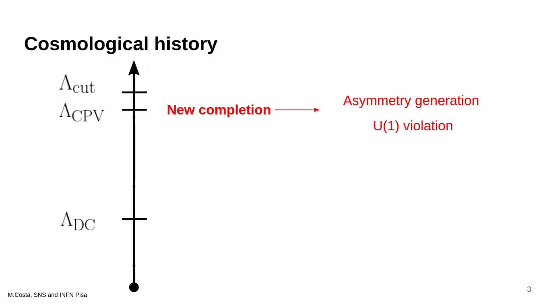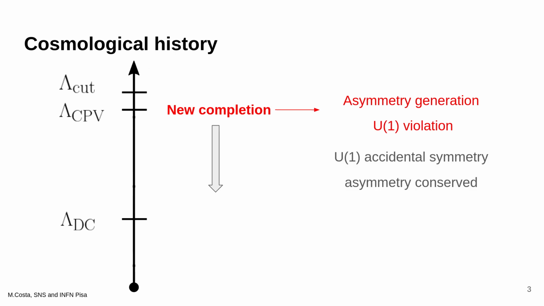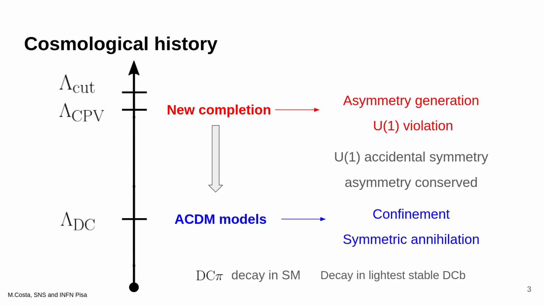These are responsible for the breaking of the U(1) dark baryon and also for the generation of the asymmetry of dark baryons. At low energy, the U(1) dark baryon must become an accidental symmetry in the infrared. In this limit, the asymmetry generated at lambda CPV will be conserved approximately. And then, this model at the confinement scale essentially reduces to the original ACDM models, only with an initial asymmetry.